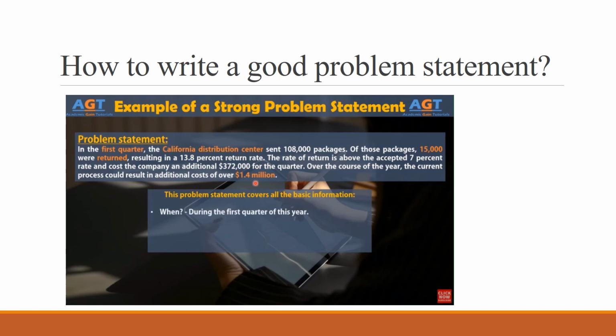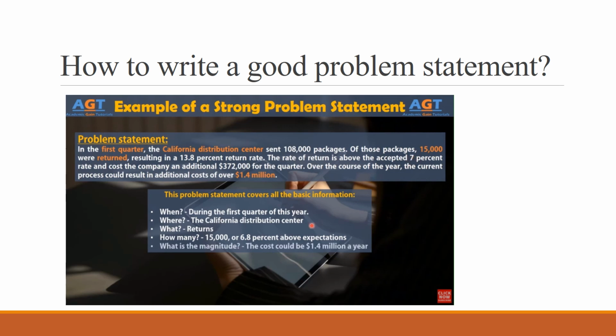Information number 1, when? The answer is, during the first quarter of this year. Information number 2, where? The answer is, the California Distribution Center. Information number 3, what? The answer is, returns. Information number 4, how many? The answer is, 15,000, or 6.8% above expectations.